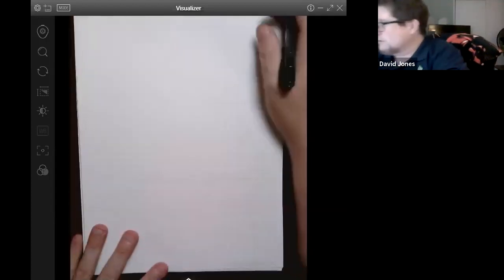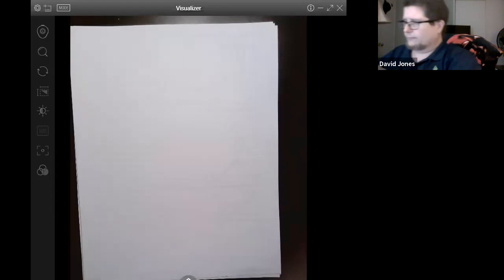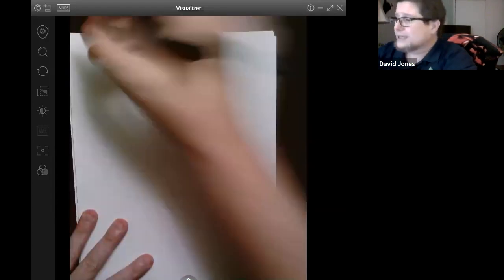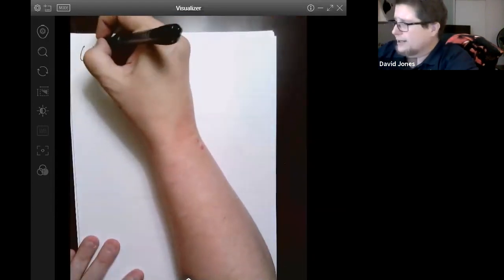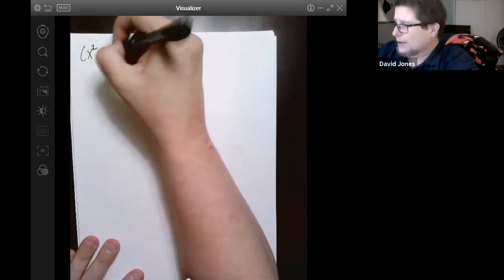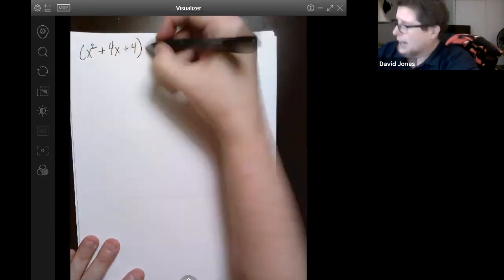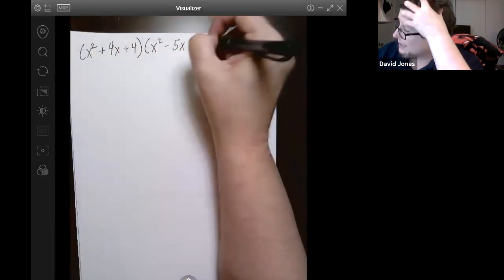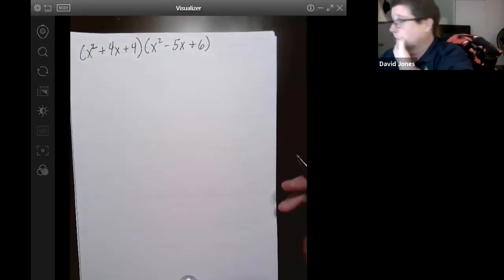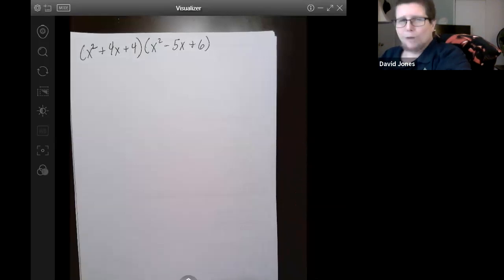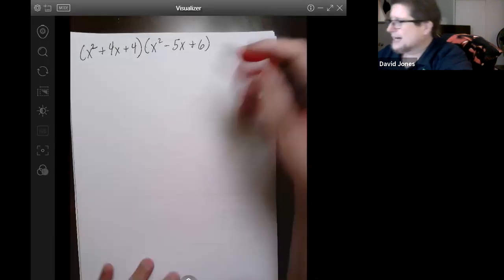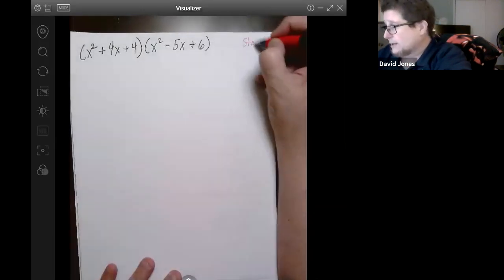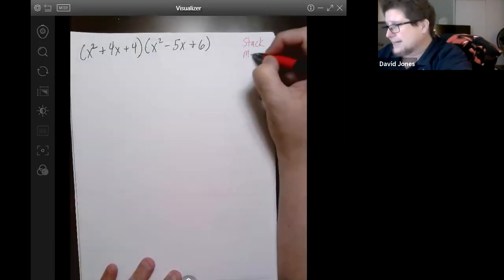What I'm going to do, let's multiply x squared plus 4x plus 4, and I'm going to multiply it by x squared minus 5x plus 6. When I have multiple terms like this, not just 2 in each one, I'm going to do that stack approach, or stack method.